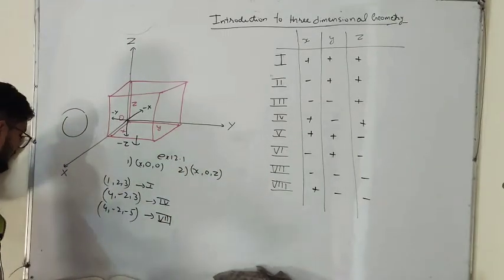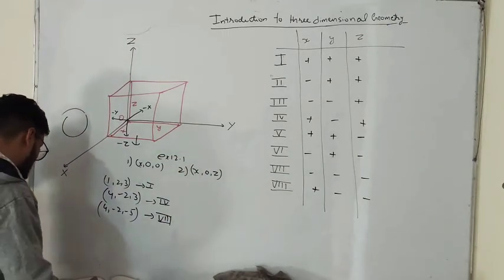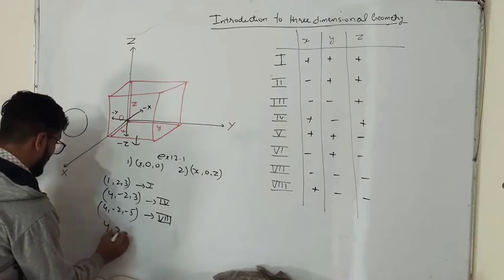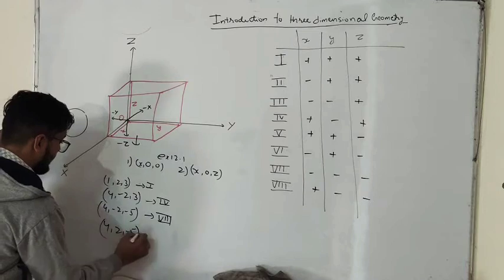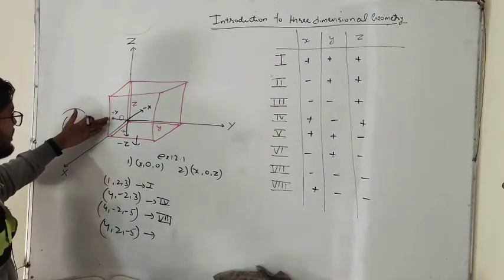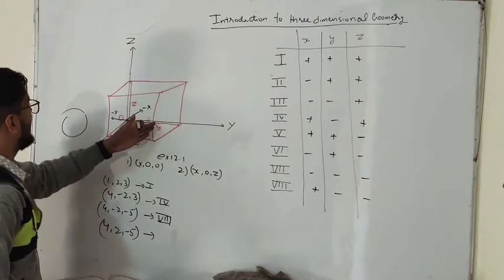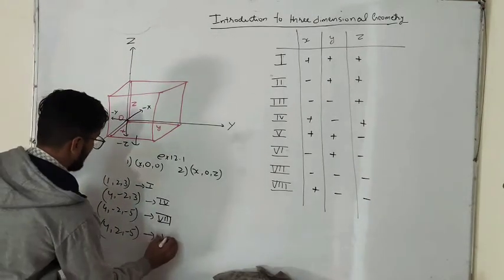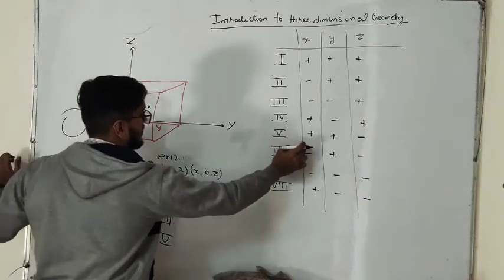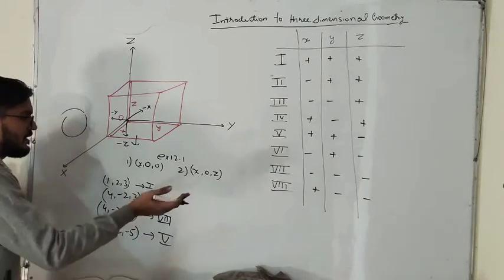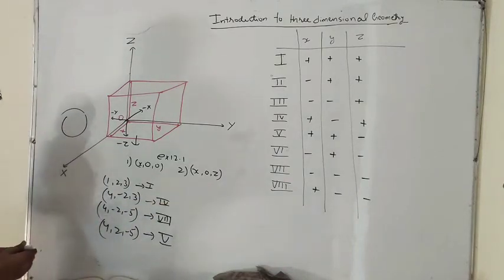In seventh we have all three of them negative. Next, positive, negative, positive and negative. So that means fifth octant. So in this way you can do the remaining parts, right?